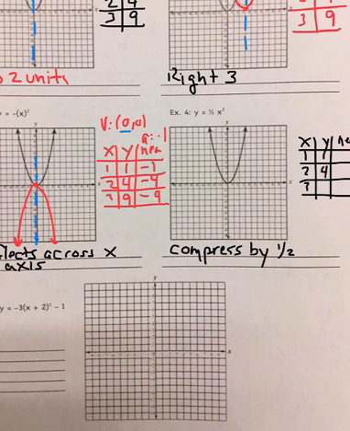So 1/2, 2, and 9/2. Those are my new points. So my vertex is still at (0, 0).